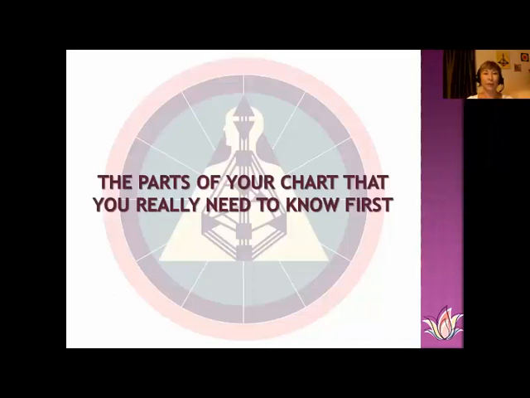Okay, so let's start to get into the meat and potatoes of this. We're going to talk about the parts of the chart that you really need to know first. All of these numbers, all of these symbols, the astrology, the gates, the channels, the line values, all of that stuff is really great stuff to know as you begin to differentiate.